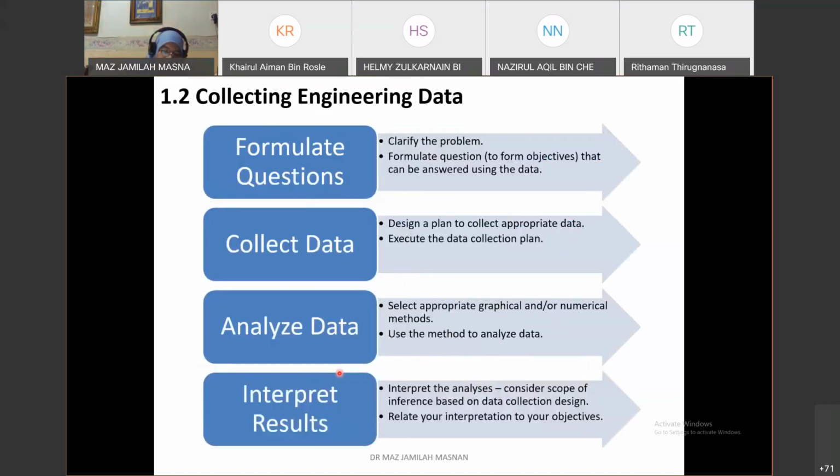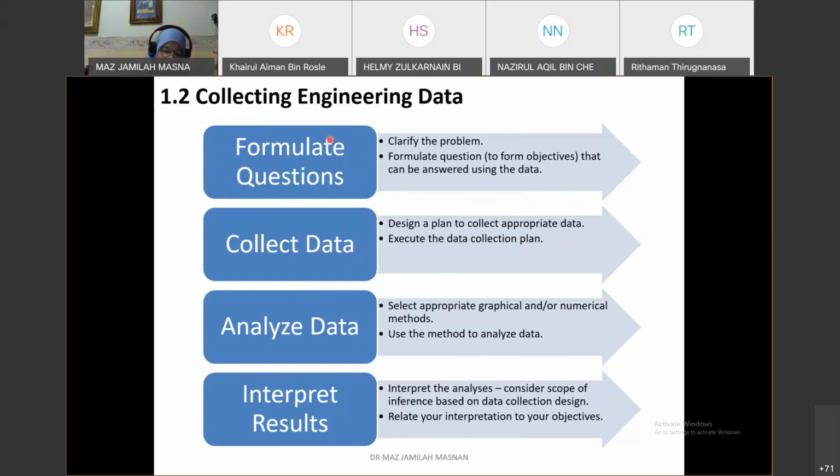Now, I'll just quickly go through this particular topic, collecting engineering data. So how do we collect? As I mentioned earlier when I discussed the statistical process, it is more or less the same as this one. When you need to collect your data, of course you need to formulate your questions.